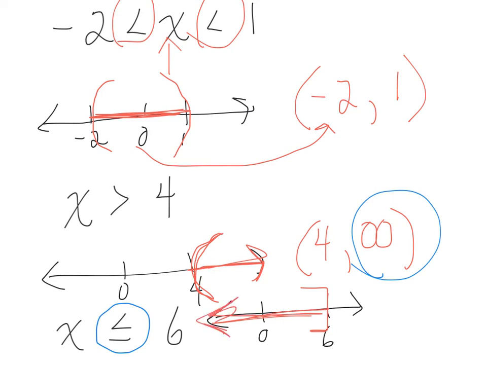If I just wanted interval notation for this, remember I read from left to right. So I'm going from negative infinity all the way up to 6, if I imagine picking that graph up off of the number line and placing it there without the number line.